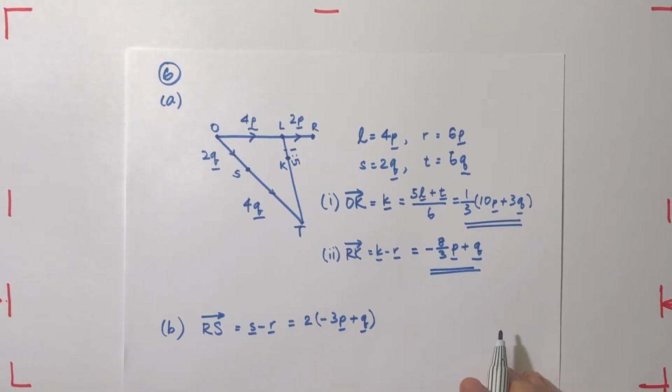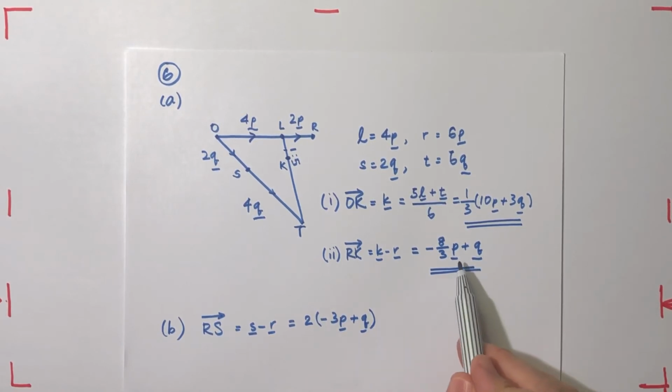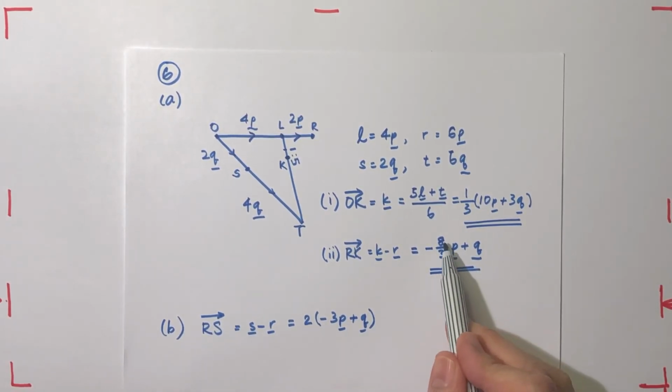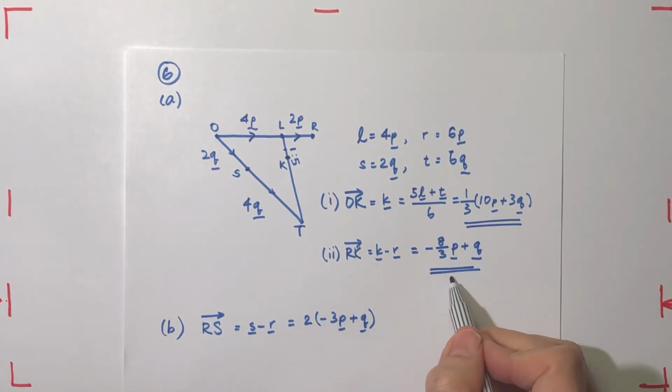Now, we notice that RK and RS are not parallel, because if you look at the position vectors, we have a Q here and a Q here, but here we have minus 8 over 3 P, and here we have minus 3P.